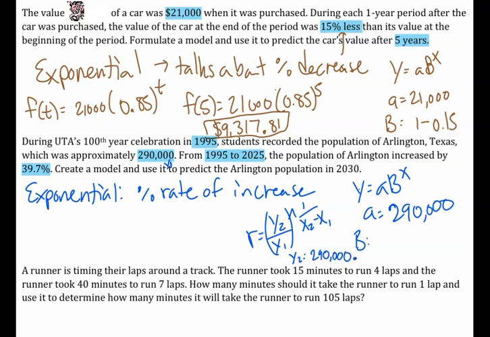So it'll be 290,000 times 1.397, which gives you 405,130. x2 is the 30 years, and x1 is 0 years from 1995.